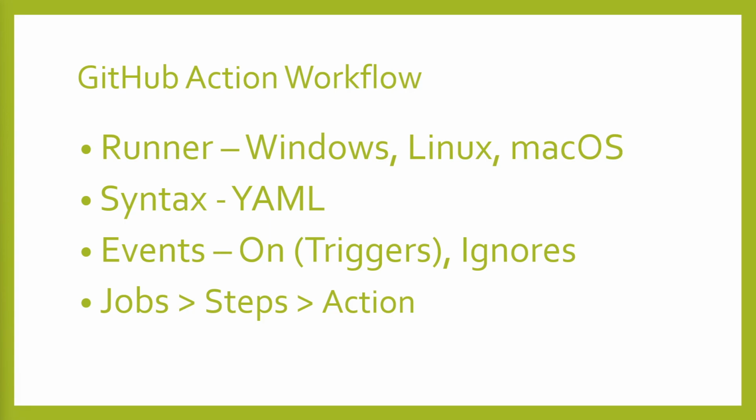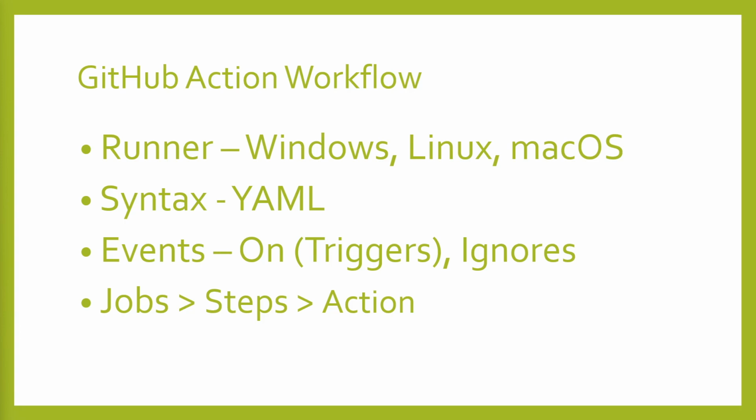The other thing that we should take note of on a high level is events. It will be written using the on keyword, which you can think of as a trigger. For example, if you commit some code or you do a pull request, those are some examples of events that can trigger your GitHub Action workflow.